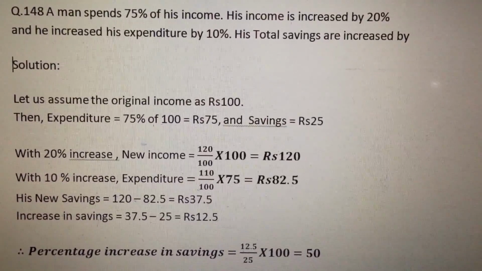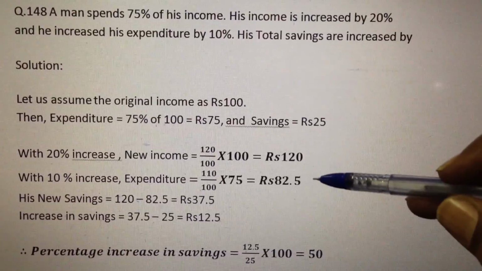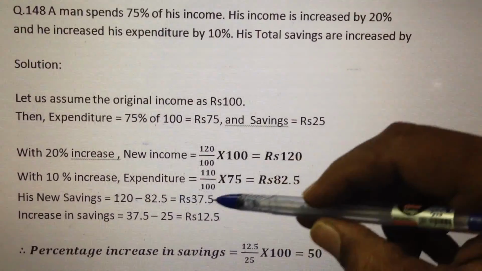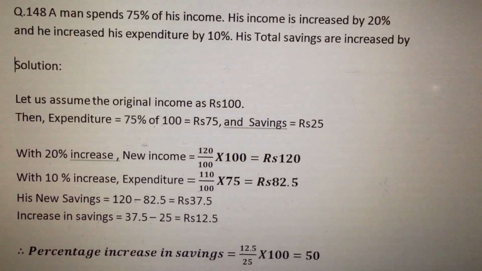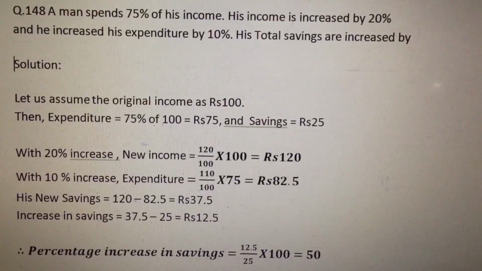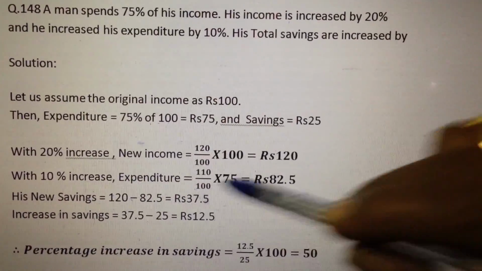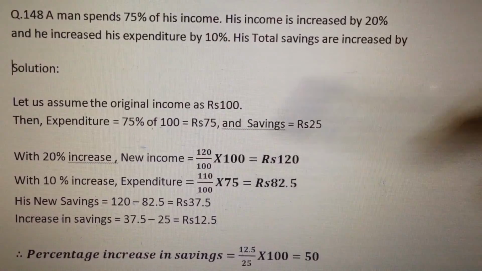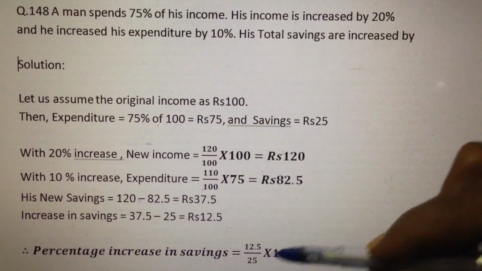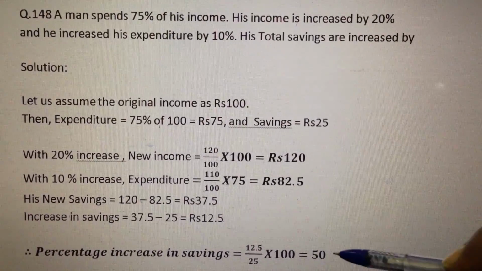Therefore, his new savings is equal to 120 minus 82.50, which is equal to 37.50. And his original savings is 25 rupees. Therefore, the increase in savings is equal to 37.50 minus 25, which is equal to rupees 12.50. Therefore, percentage increase in savings is equal to 12.5 by 25 into 100, which is equal to 50.